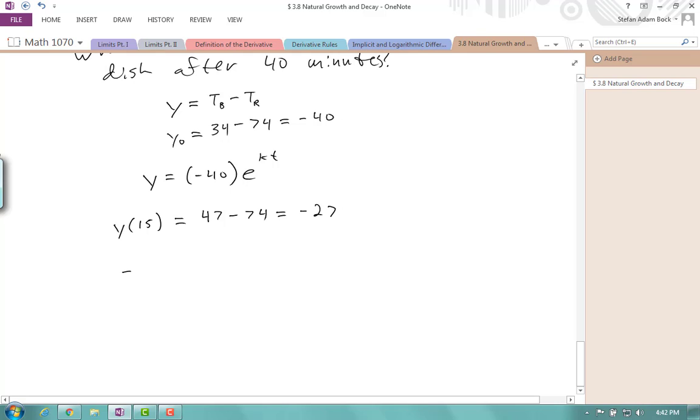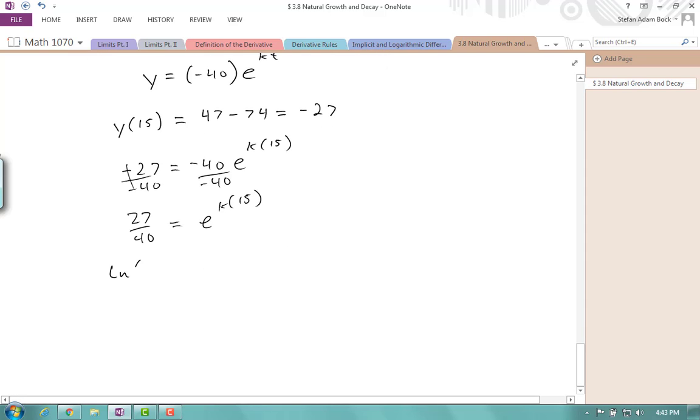Which means I have negative 27 equals negative 40 e to the k times 15. Or, if I divide everywhere by negative 40, I get 27 over 40, with no negatives because they cancel, equals e to the k times 15. That step right there is exactly why we're allowed to have negative values for the y's.